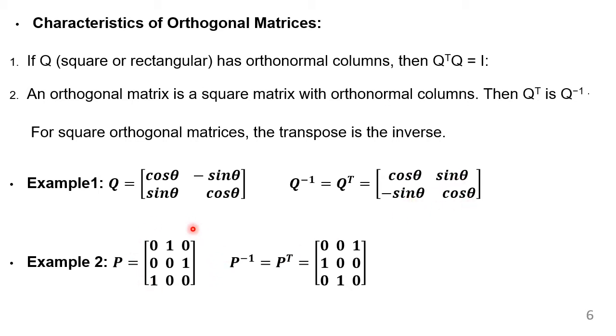We'll take a second problem where, if I rearrange this, these are the three elements which form the diagonal elements of the matrix, and you can see that it has a value 1. P inverse is as good as saying P transpose, that is equal to [0 0 1; 1 0 0; 0 1 0]. So these are the characteristics of orthogonal matrices, and this property is exploited in many engineering subjects.